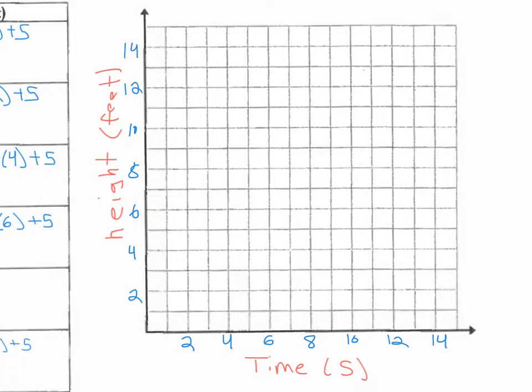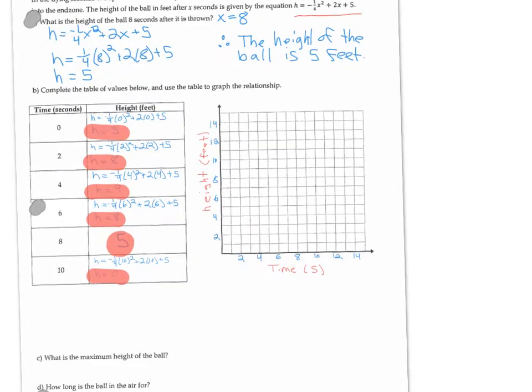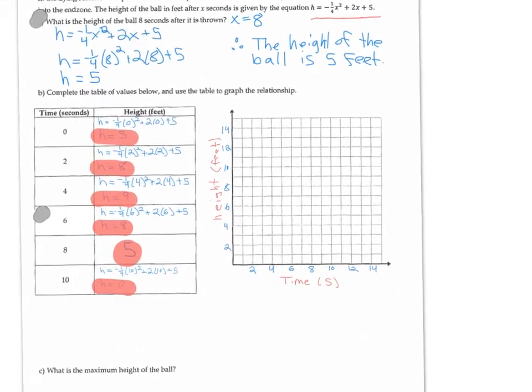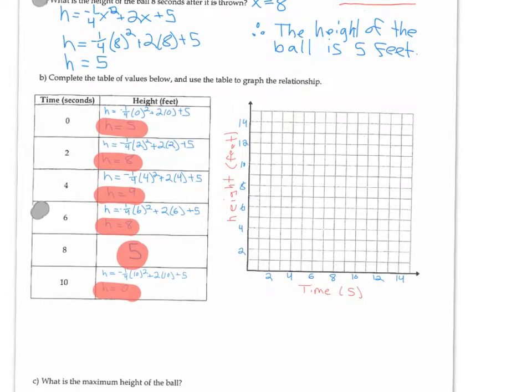So once you have your graph ready, you can actually plot our relationship, just like we've done before. Our first point is at time equals 0 and height equals 5. Our next point is at time equals 2, height equals 8.